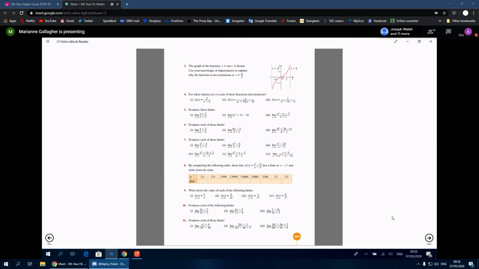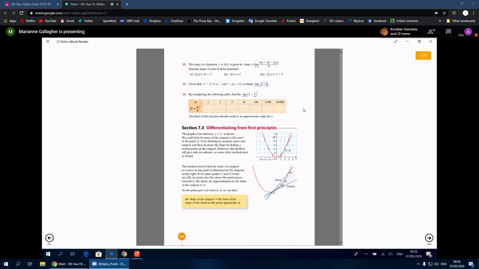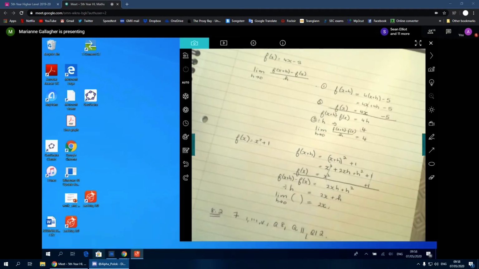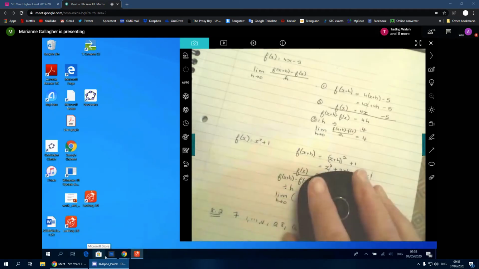Let's do question 11. Question 12. So that's 7, 8, 11, and 12. If you want to get started on them now, and you can ask questions, I'll just put it up in Classroom when you get started, okay?